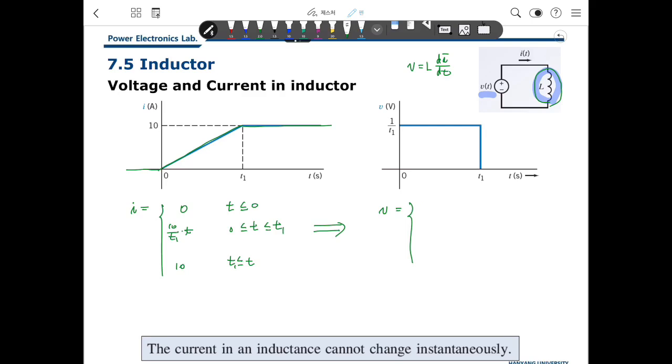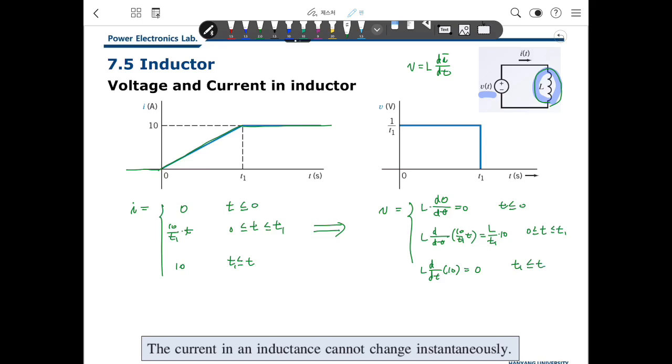So we can rewrite here. L d0/dt will be 0 for t smaller than 0. Then L d(10t/t1)/dt will be 10L/t1 when t is from 0 to t1, and L d10/dt will be 0 after t1.